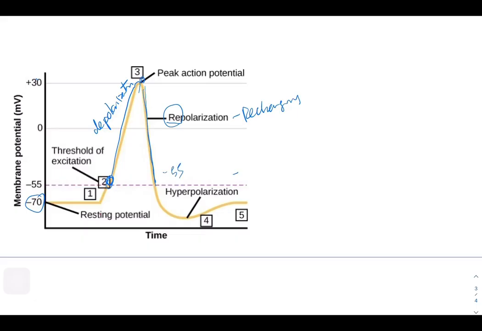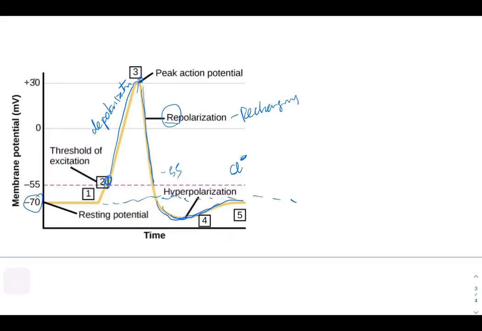Now, if you add in more chloride ion, which is negative, it sends the cell below the resting potential. This is the resting potential, and it went below it. When it goes below it, it's really hard for it to be activated again. It will take a lot of positive ions to turn it on. Ions are either positively charged or negatively charged.